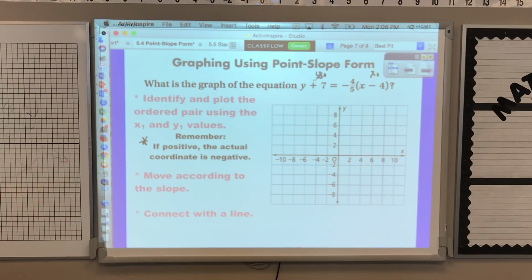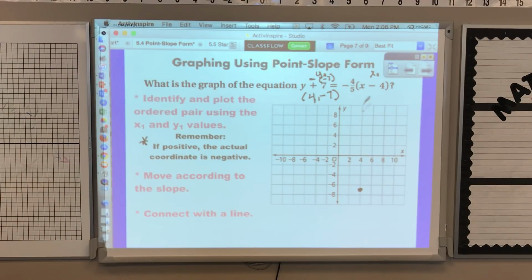But remember, our equation has to be minus, so this one's going to be minus a negative. Okay? So my ordered pair they're giving me is 4, negative 7. Okay, so that's my starting point. I'm going to go over to 4 and down to 7, which is in between the negative 6 and negative 8. Okay, now from that point, my slope is negative 4 fifths.